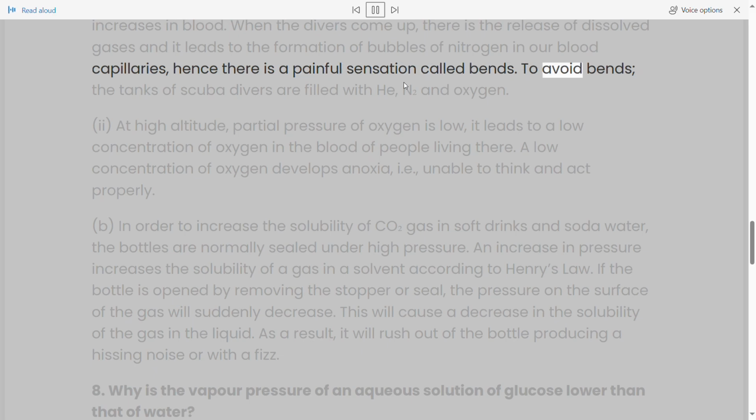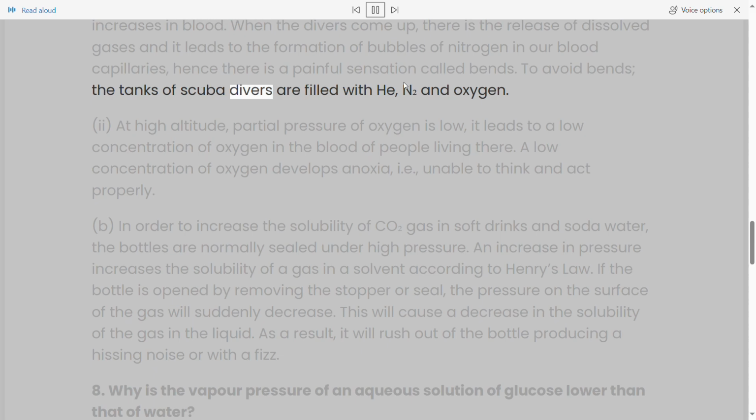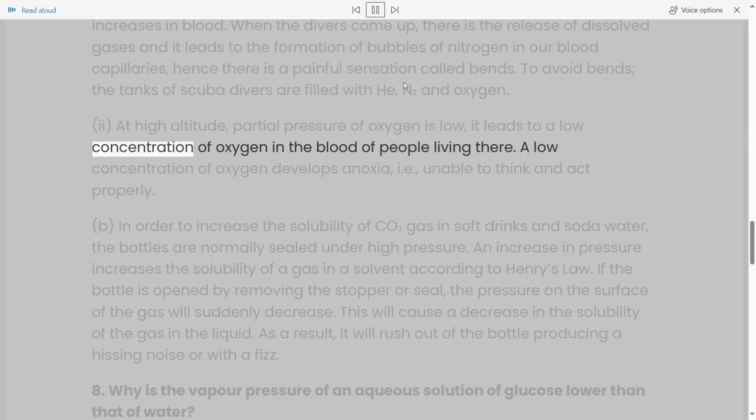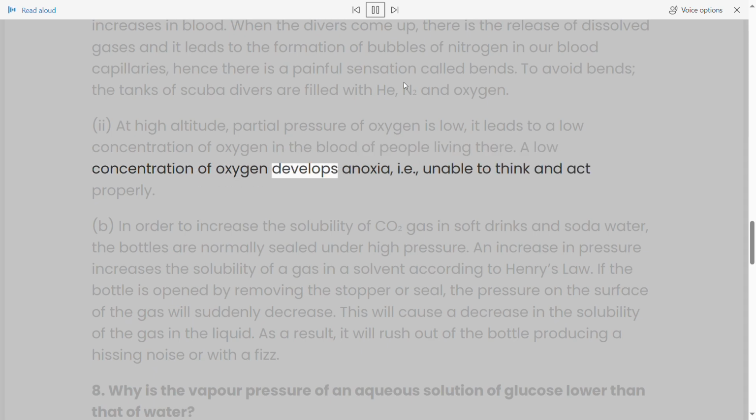To avoid bends, the tanks of scuba divers are filled with He and oxygen. 2. At high altitude, partial pressure of oxygen is low. It leads to a low concentration of oxygen in the blood of people living there. A low concentration of oxygen develops anoxia, i.e., inability to think and act properly.